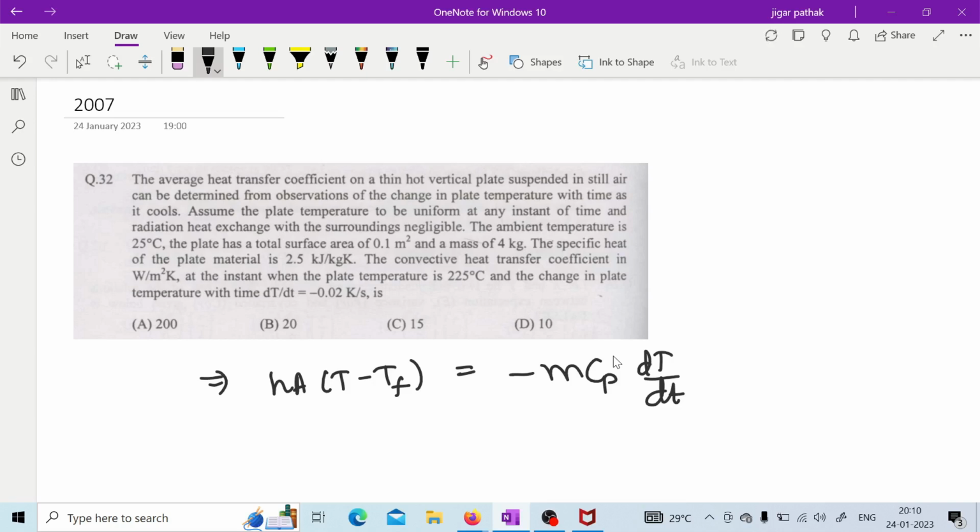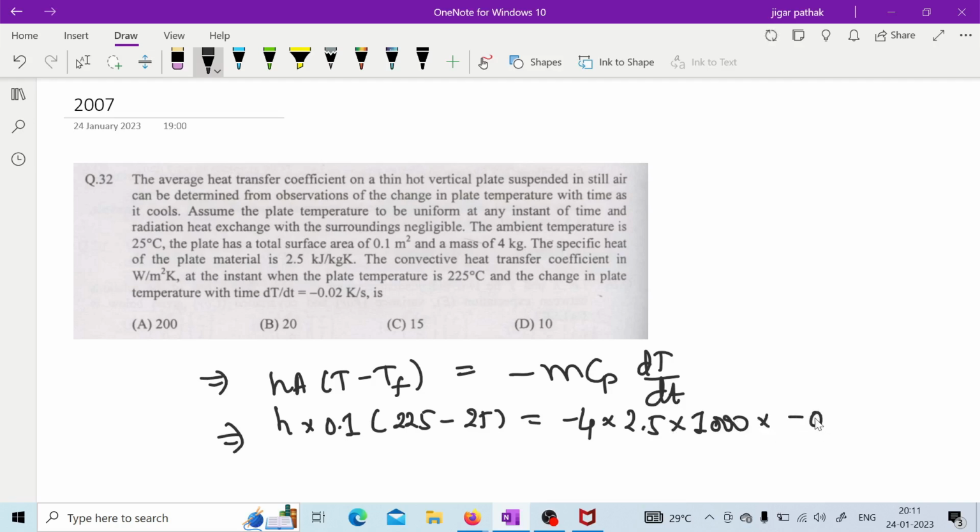Or I guess you have not converted that 2.5 kilojoule per kg. Because h into area is 0.1 meter square, into T minus T_f, which is 225 minus 25. m is 4 kg. Here it is 2.5 into 1000, right? Kilojoule per kg.